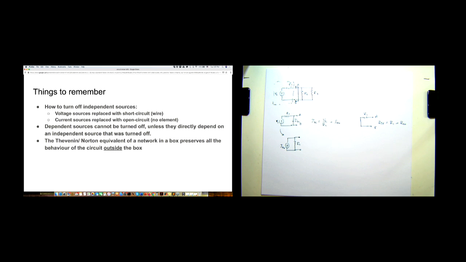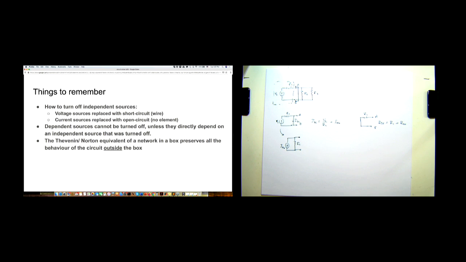So what I would say is, look at what sets the current or the voltage of a controlled current or voltage source, and if that element is zero, then you zero it out. If it's non-zero, you find what it is, and you find what the effect of the controlled source is on the circuit, right?